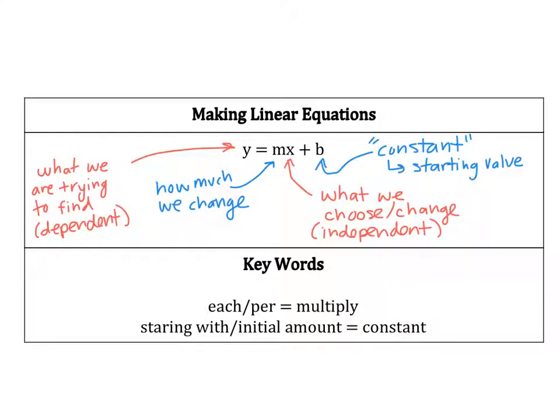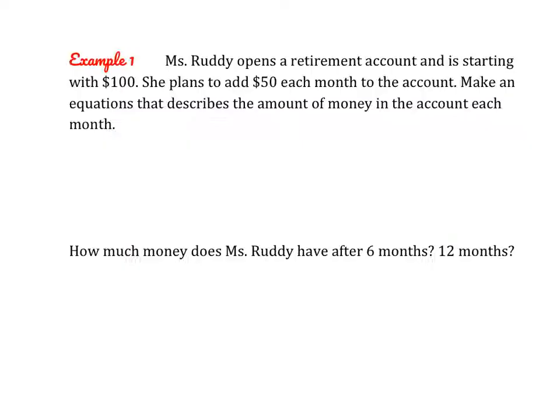Now, a few other keywords that it might be useful to know is anytime you see the word each or per, like Miss Reddy has 20 students per class, that is going to tell us to multiply those values. And anytime you see the words starting with or initial amount, that is going to represent that constant value, which goes where our b value is. So those are just little hints that we might use to help us.